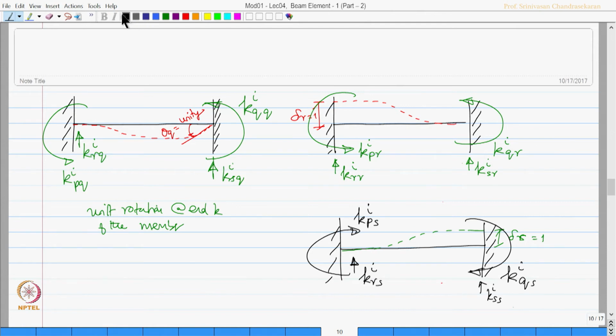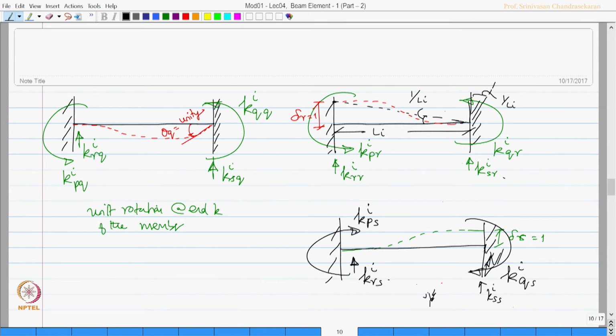Interestingly, I can also draw a tangent between the initial and the final line of the beam, and I can say that the beam has undergone a rotation which is actually 1 by Li, where Li is the length of the member, which is also now equal to 1 by Li. Okay.